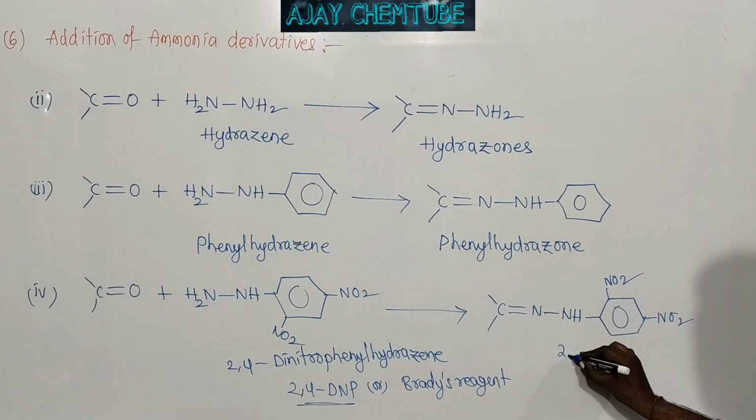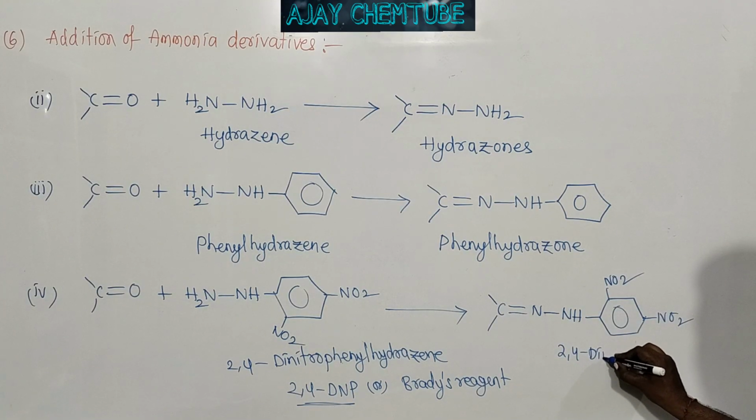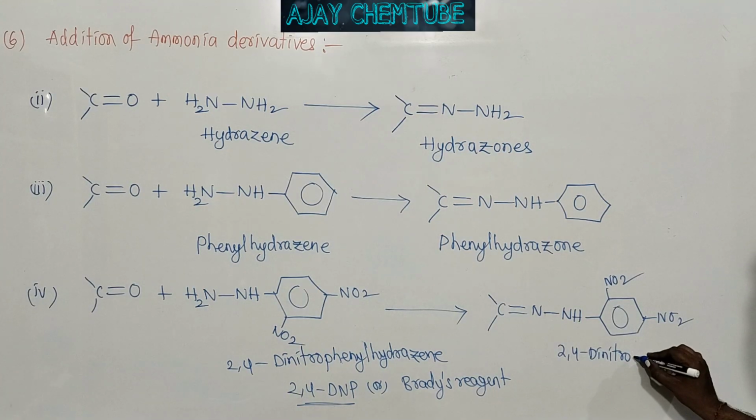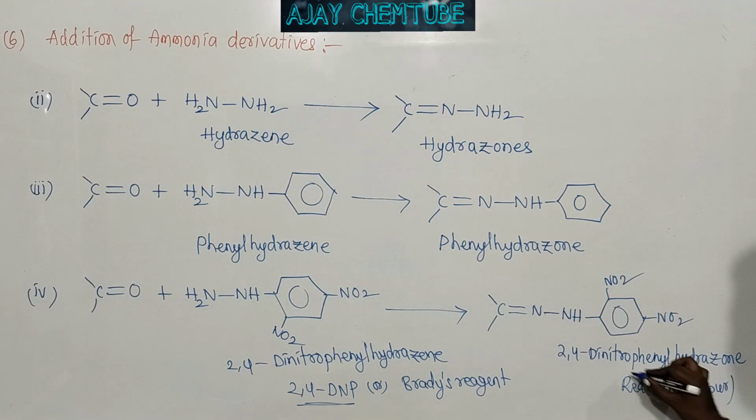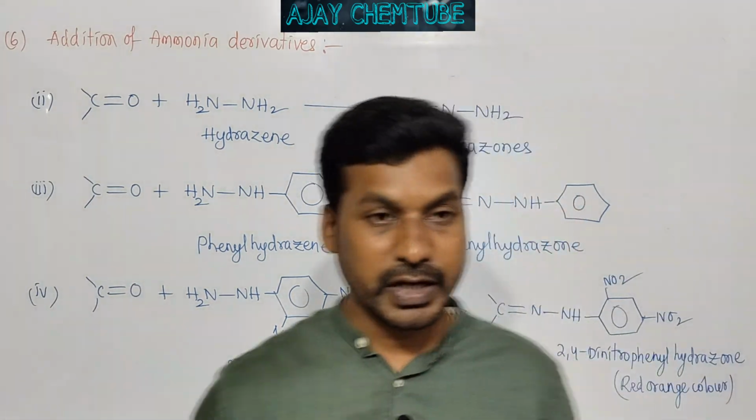This is what? 2,4-dinitrophenylhydrazine gives 2,4-dinitrophenylhydrazone. This 2,4-dinitrophenylhydrazone is a red-orange color substance. Formation of this red-orange color substance confirms that the given compound is an aldehyde or ketone.